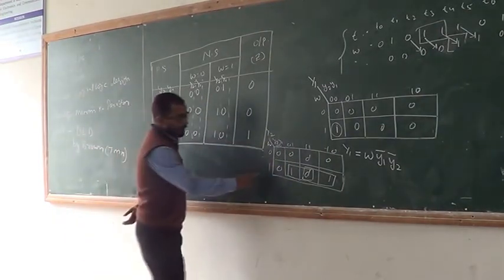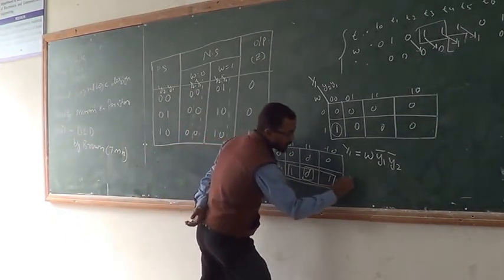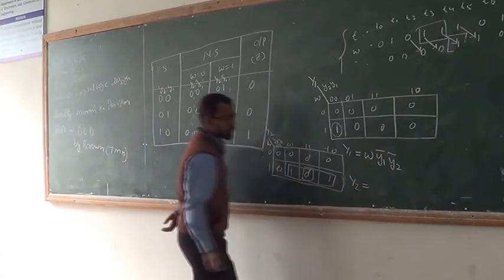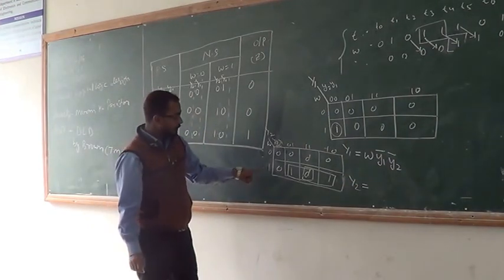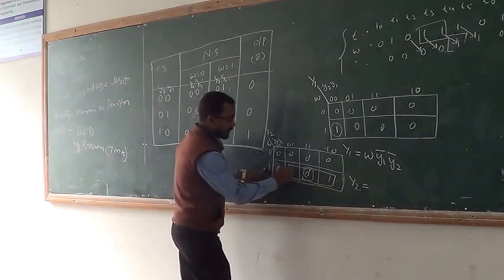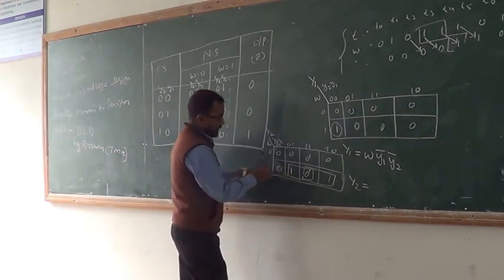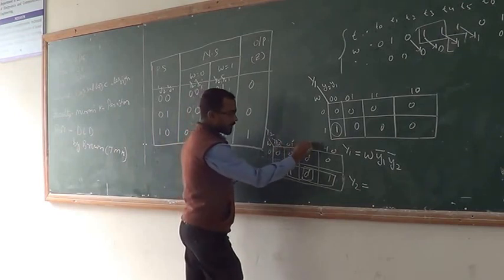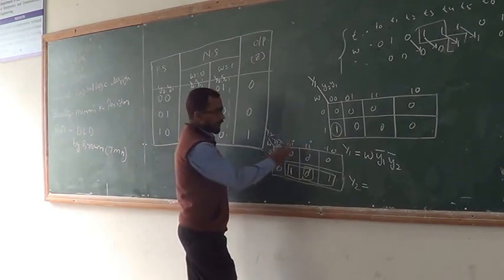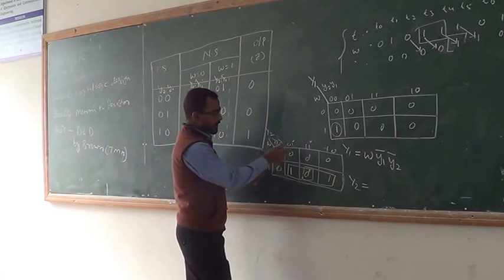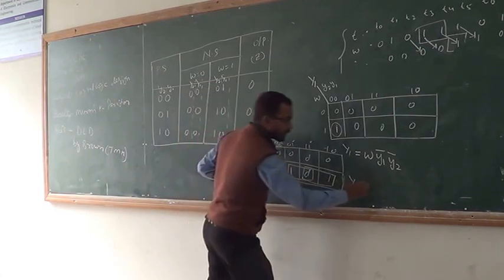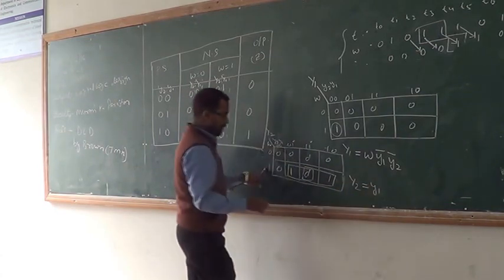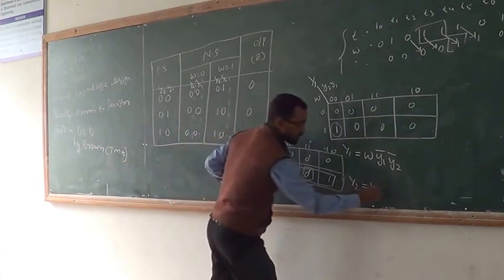Now with the help of this pairing, find the expression for y2. This one is a don't care, this one is not changed. That means this is y1, write down here y1, and this is w.